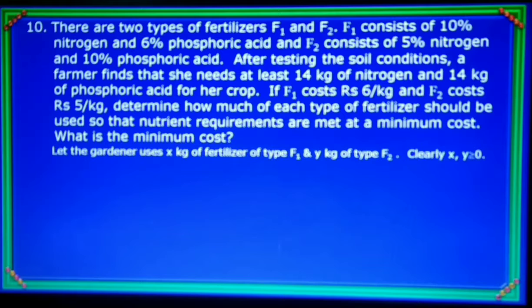Let the gardener use X kg of fertilizers of type F1 and Y kg of type F2. Clearly, X and Y both will be greater than or equal to 0. Let us make the following table from the given data.